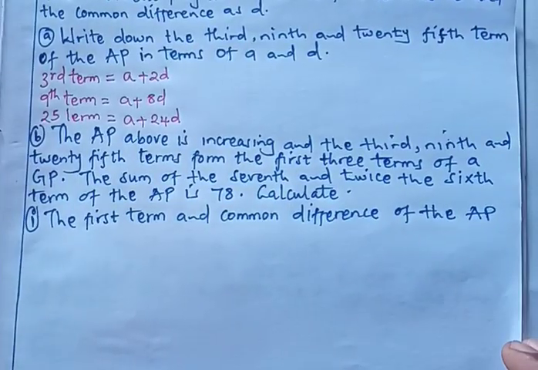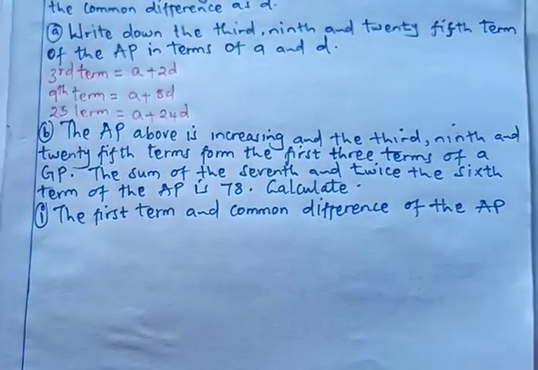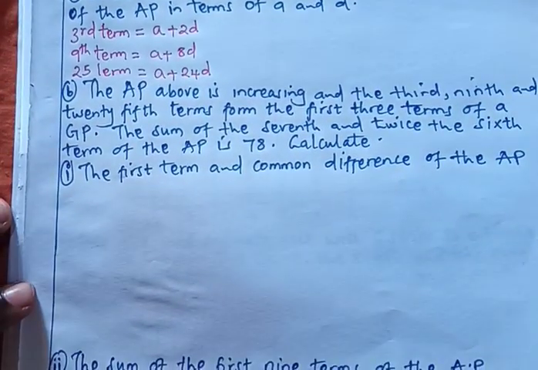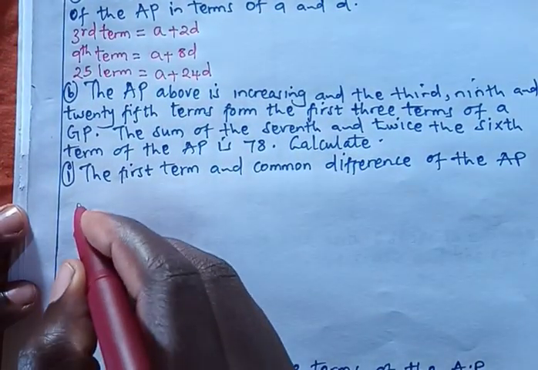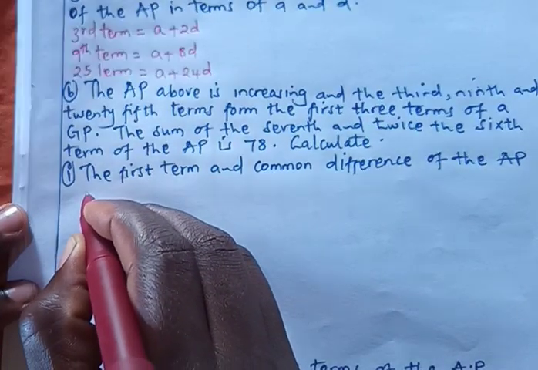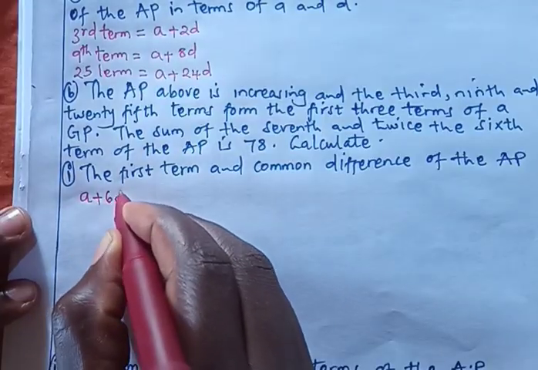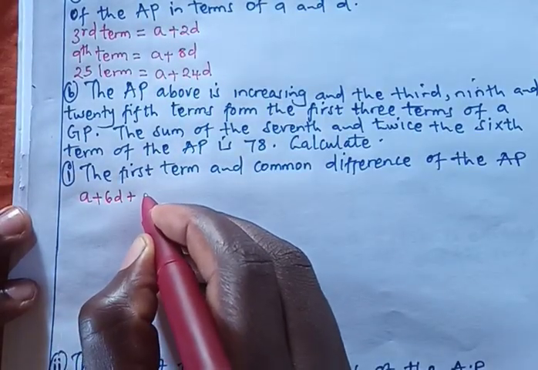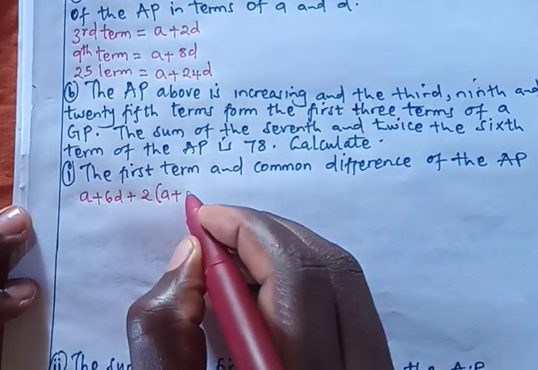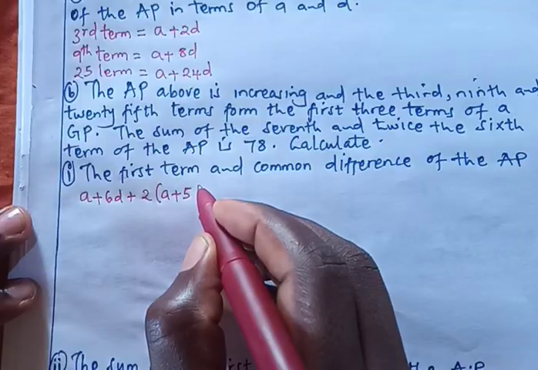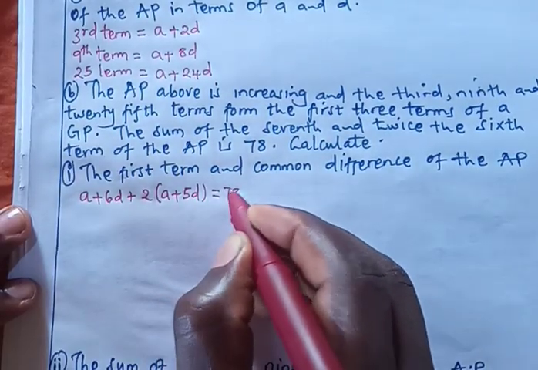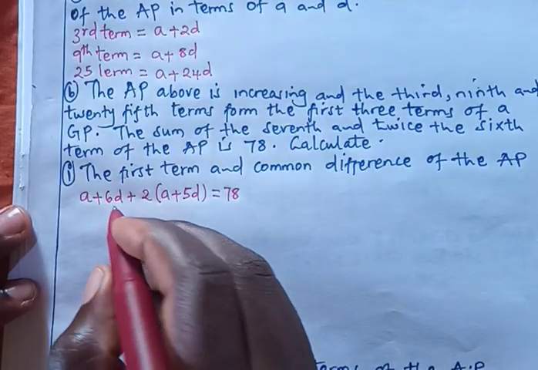Let us write down this information before we proceed to the heart of this question. The seventh is A plus 6D, plus twice the sixth. The sixth is A plus 5D. If you get the sum, it is going to give you 78.